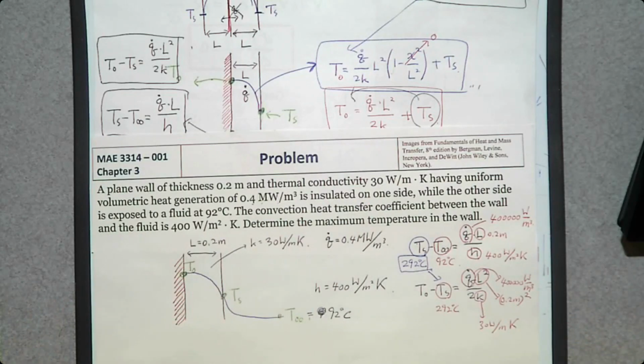So if you solve this equation, 400,000 multiplied by 0.04, then divide by 30, divide by 2, plus 292, we get 559. So from this, we can determine the temperature at the insulated surface, which is 559 degrees Celsius.